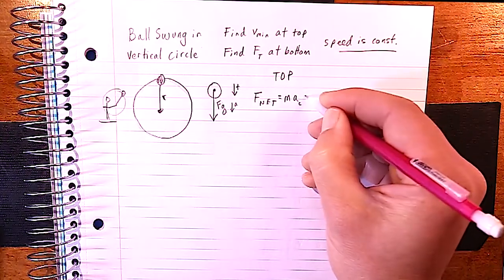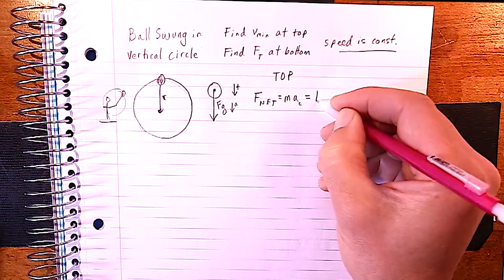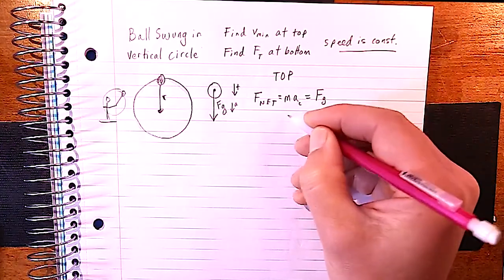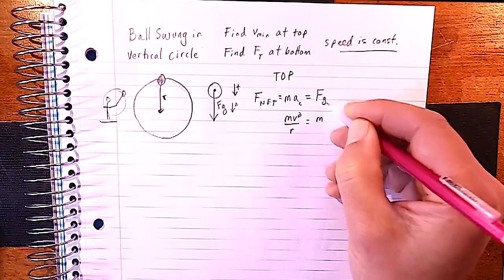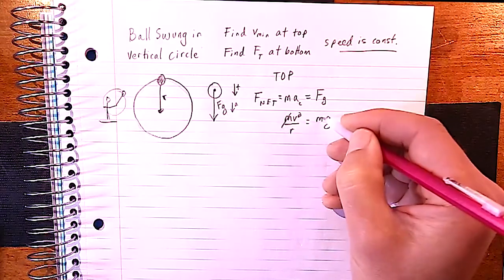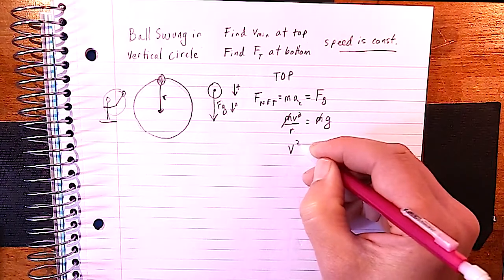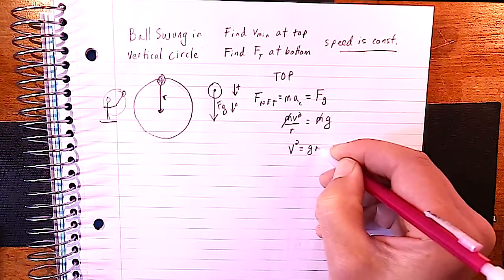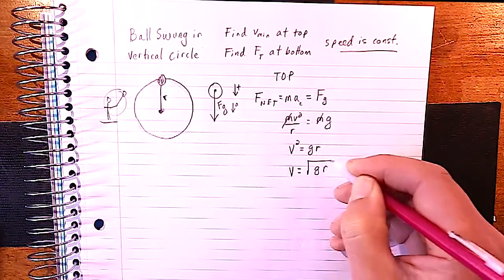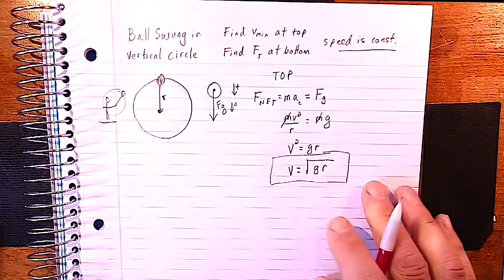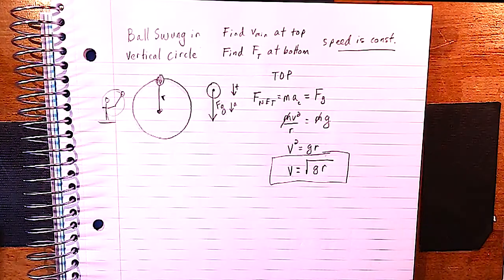So that's going to be AC equals, and then that's going to be the force of gravity. So if we replace AC with v squared over r, then we have this Fg is mg. We have m's on both sides, and we multiply through by r, so that gives us gr, and then we take the square root of both sides, which gives us v is equal to the square root of gr. That's the minimum speed needed for the ball to round the circle.